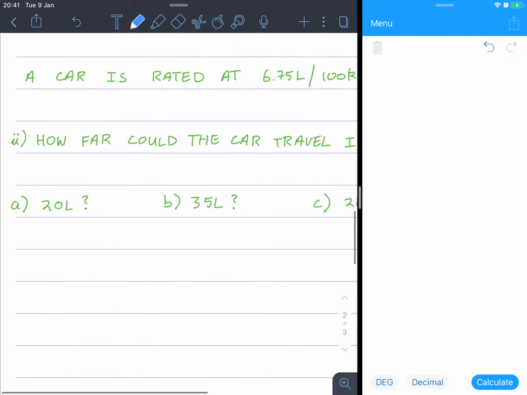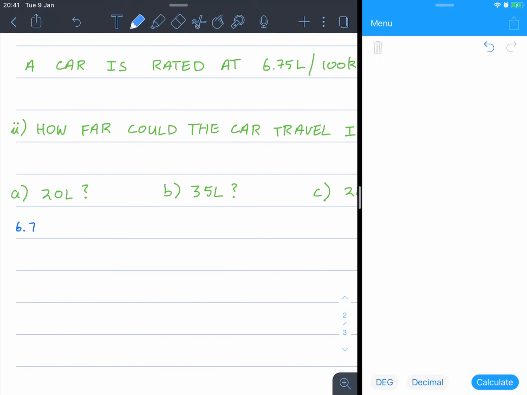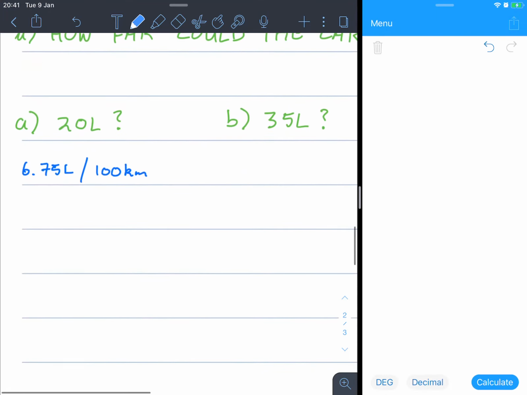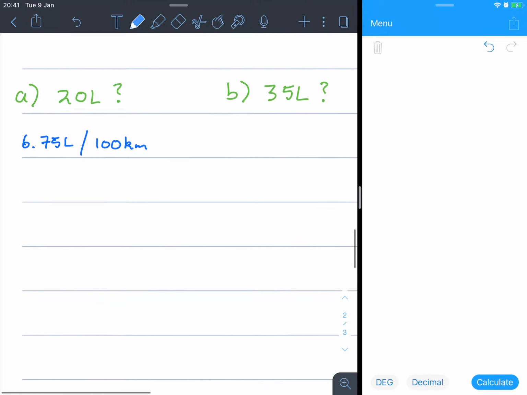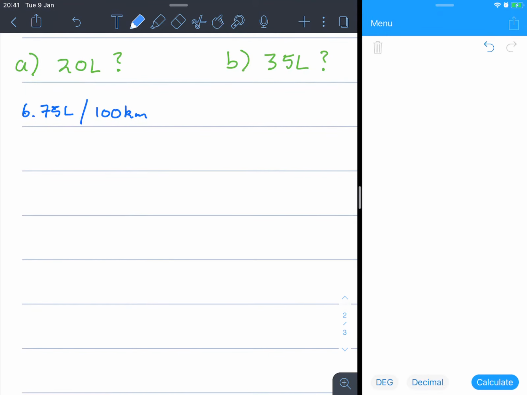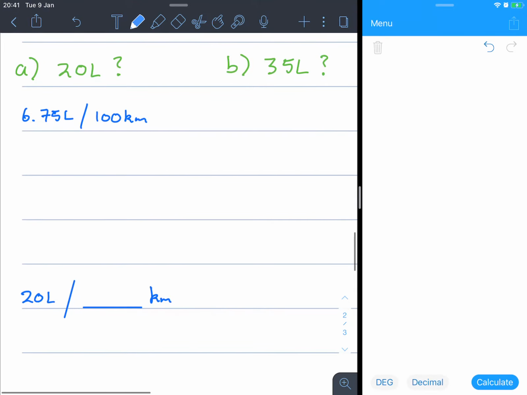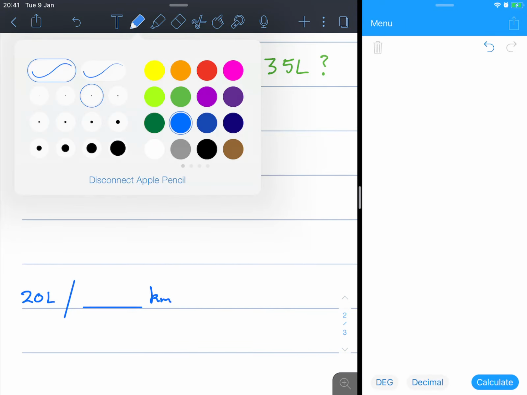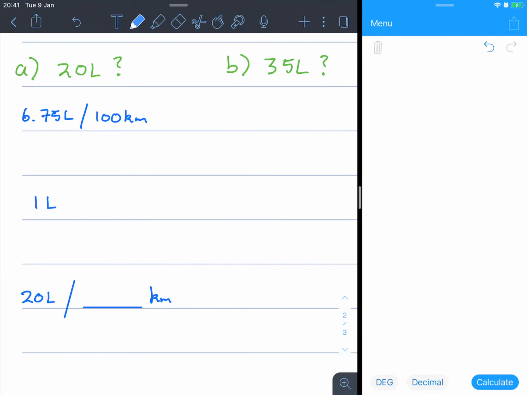Let's start off with the information that we have, 6.75 liters per 100 kilometers. And because our end goal is we want 20 liters, so we're given 20, so 20 liters is what we have, which means we're finding the distance, something kilometers. This is what we're looking for. So for this, very similar to the previous question, we're going to find 1 liter.